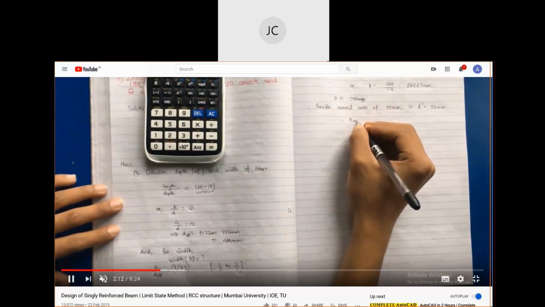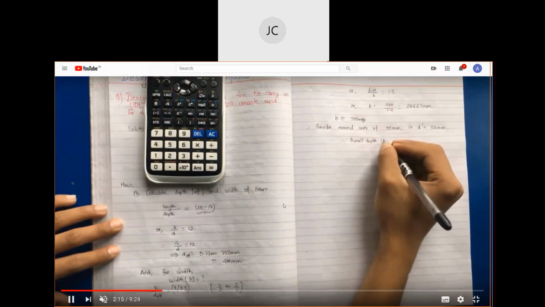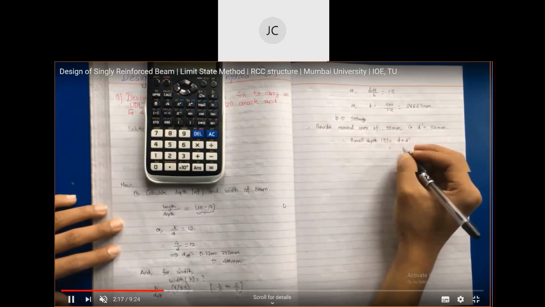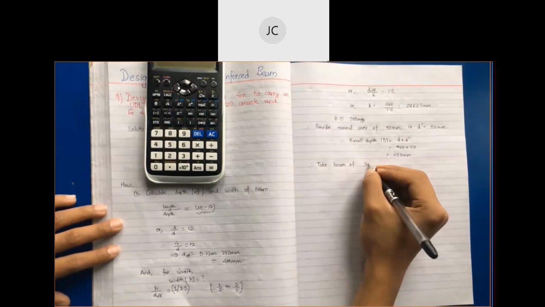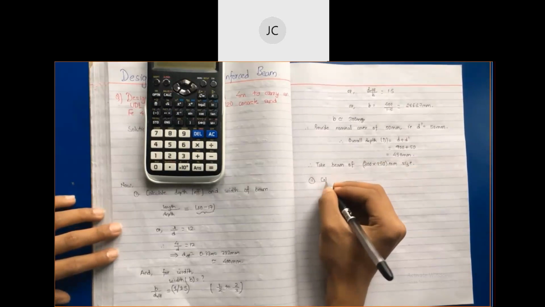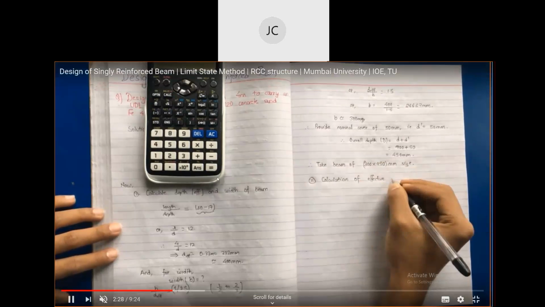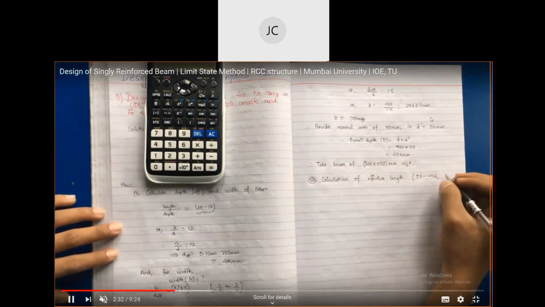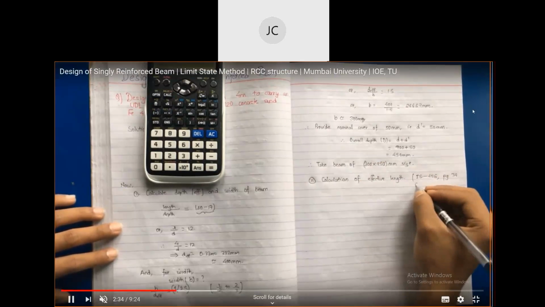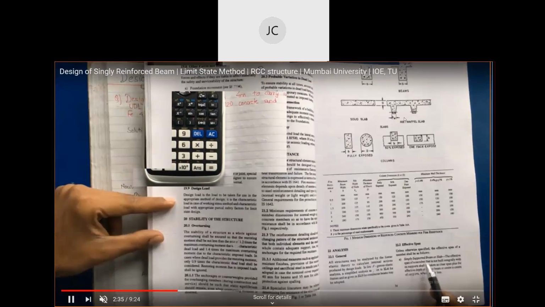Then you can see the width will be approximately 1.5 to 2 times the depth. D by B ratio is approximately 1.5.